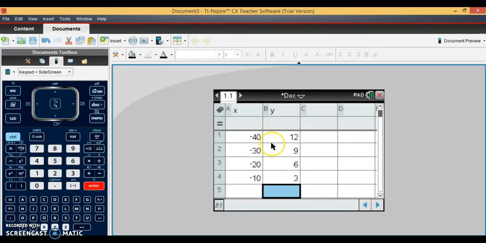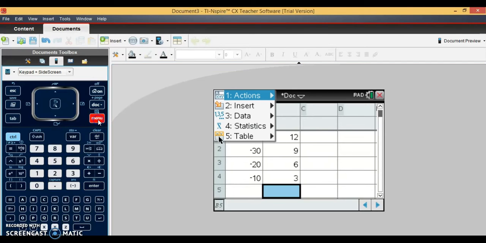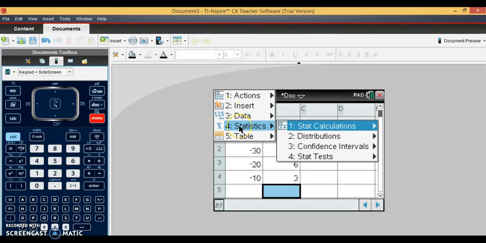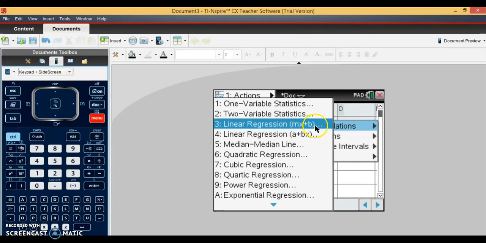After we do this, we're going to go to Menu, Statistics, and Linear Regression.